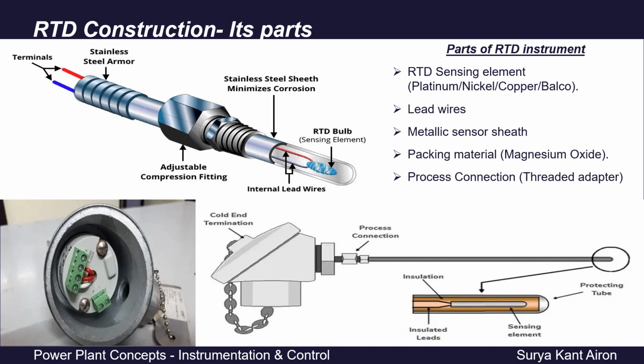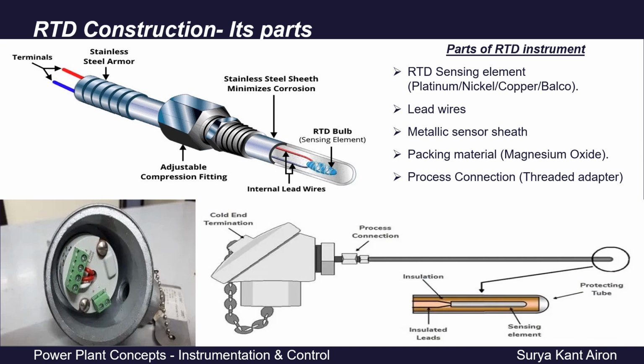Then the next component of the RTD device is our lead wires that connect the RTD sensing element to the measuring circuit, that is the temperature transmitter, or as I mentioned, could be directly connected to DCS input output modules which are specifically designed for RTD measurement. First, the main component is its sensing element, which is our platinum, nickel, copper.